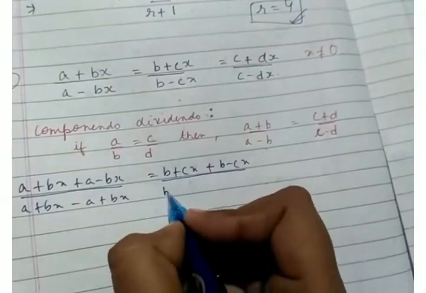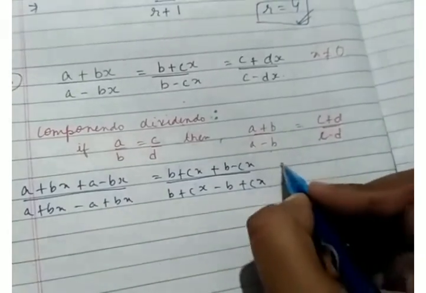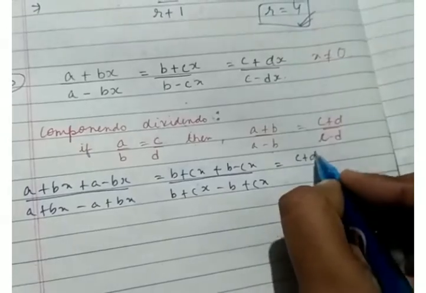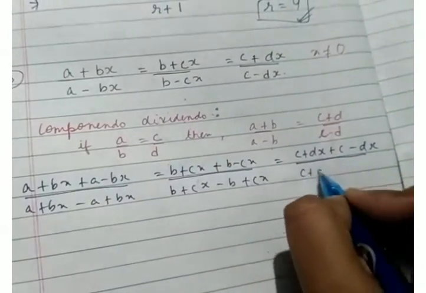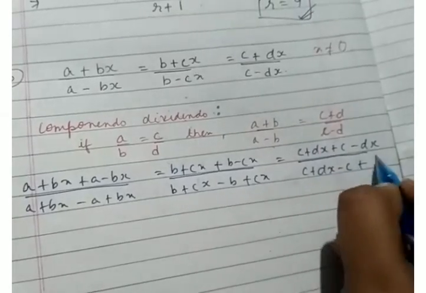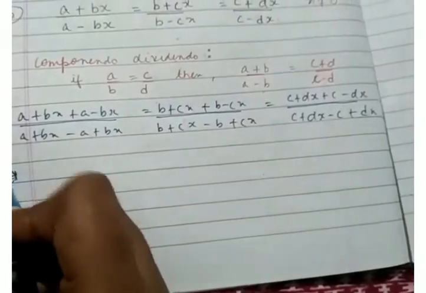So we have b plus cx minus b plus cx equals c plus dx plus c minus dx upon c plus dx minus c plus dx. Now it can be simplified.